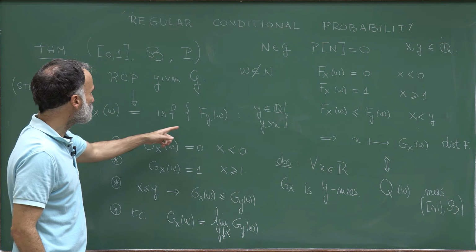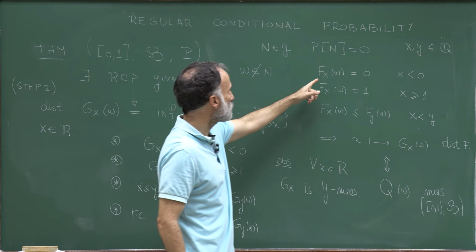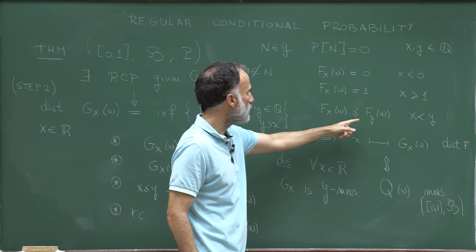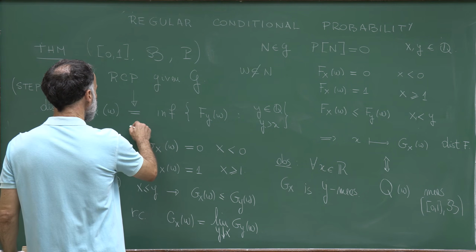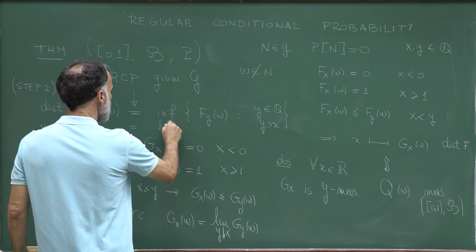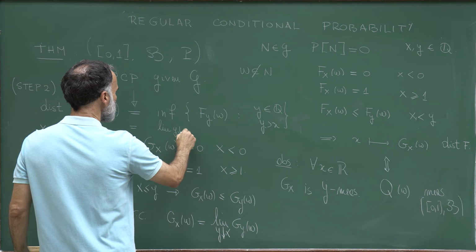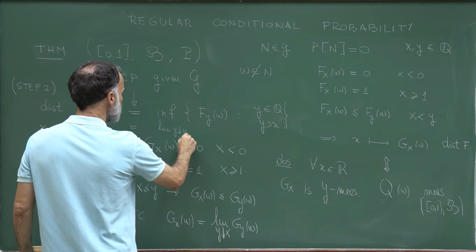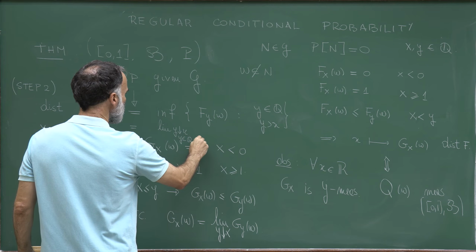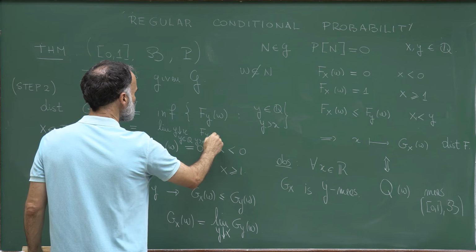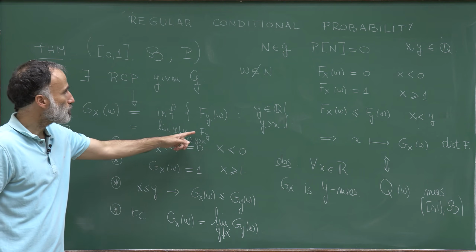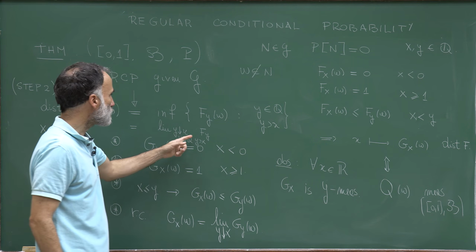Well, because these functions f_y are monotone. So this limit is actually the limit as y decreases to x, y taking rational values, y strictly larger than x, of f_y. And f_y, we have seen, are G measurable.